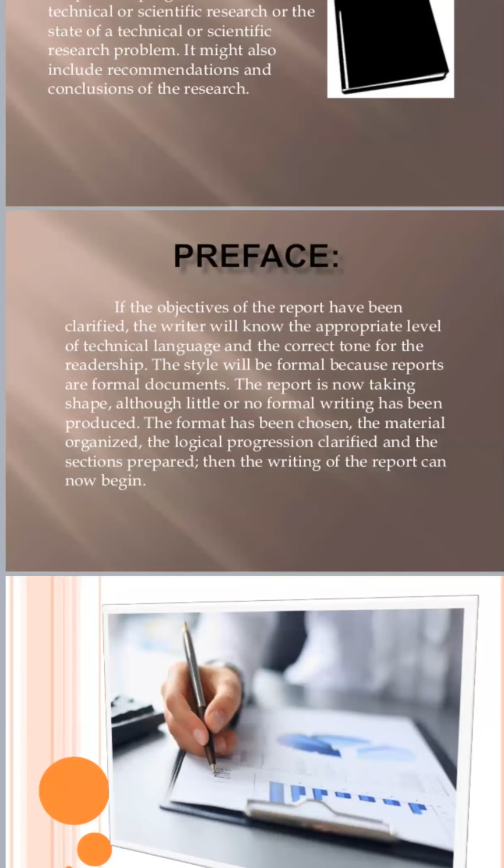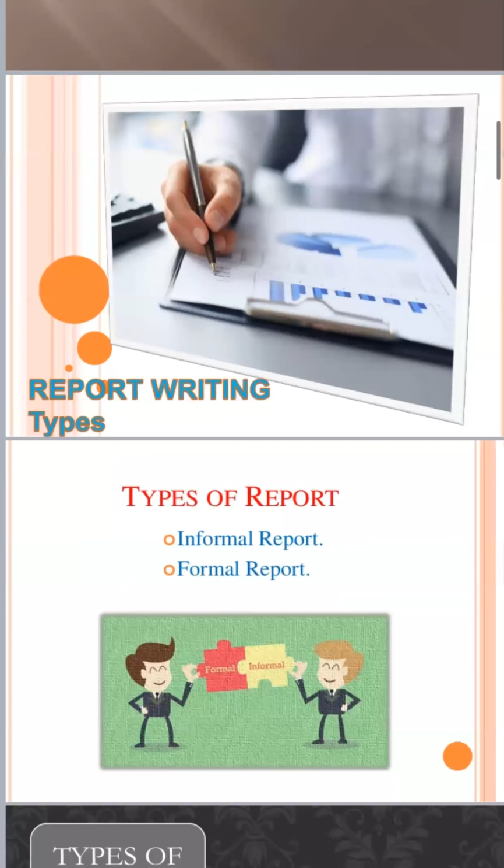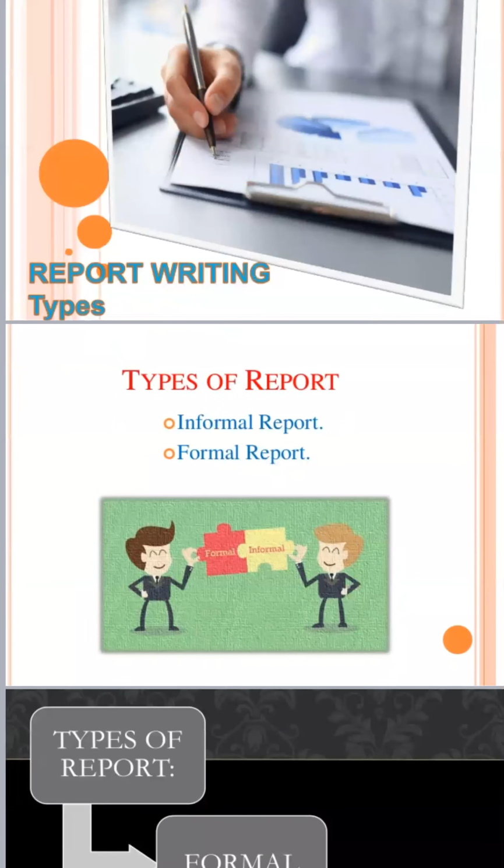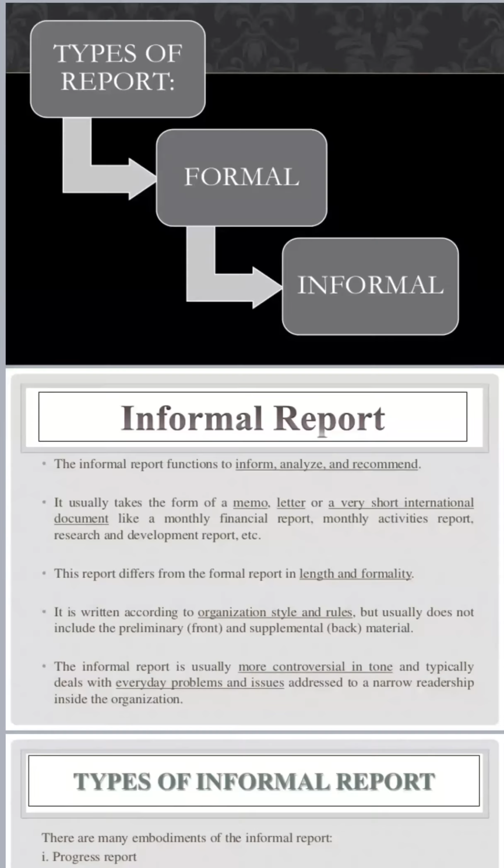So there are types that I will discuss with you. If we are going to talk about report writing, that means there must be types of it. The very first type is informal report writing, and the second one is formal report writing. These two types, formal and informal, are required.